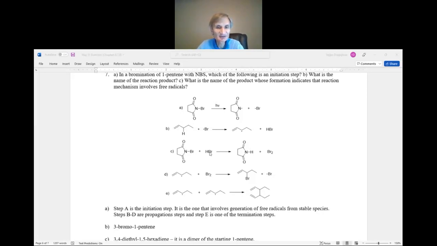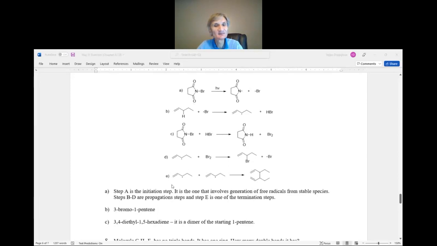HBr reacts with N-bromosuccinimide to give a low concentration of bromine, which immediately reacts in step D. So technically B and D are propagation steps. The carbon radical reacts with a bromine molecule to give the product, 3-bromo-1-pentene, and a bromine radical. Then the bromine radical goes back to step B, and these steps continue.